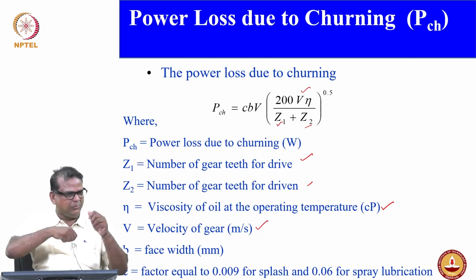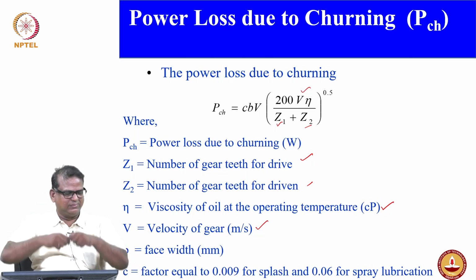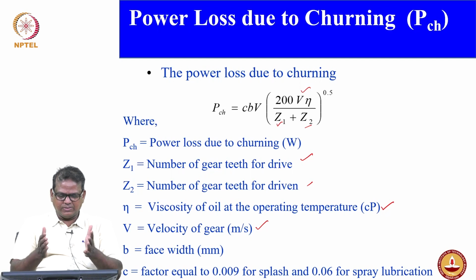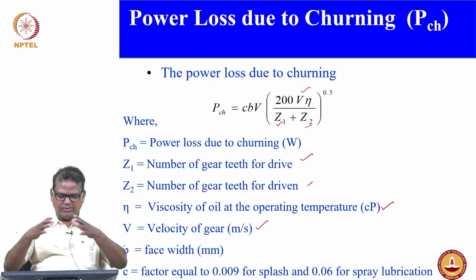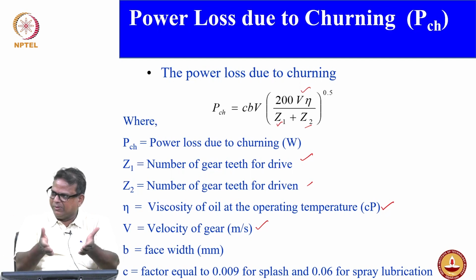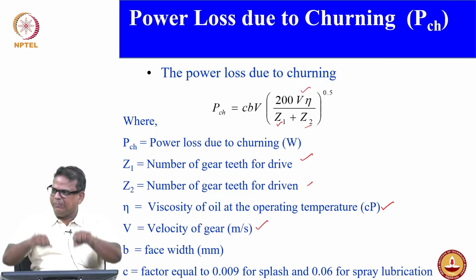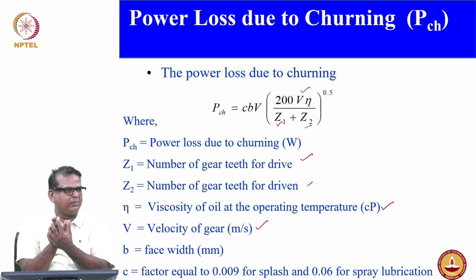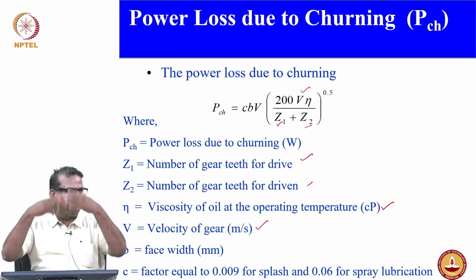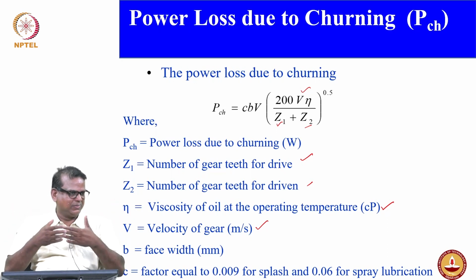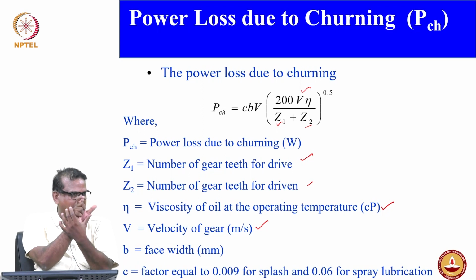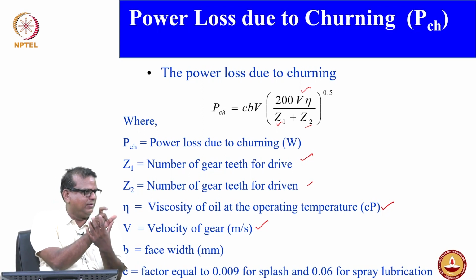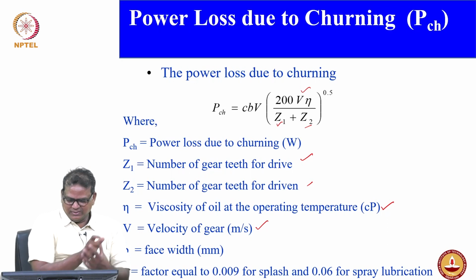Churning means you keep rotating. Assume you have a box filled with lubricant, put the gear in and keep rotating. If your face width is smaller, your churning losses will be smaller. The higher the size, the higher the churning loss. So again, that depends on the thickness of your gear. Thickness here means face width.